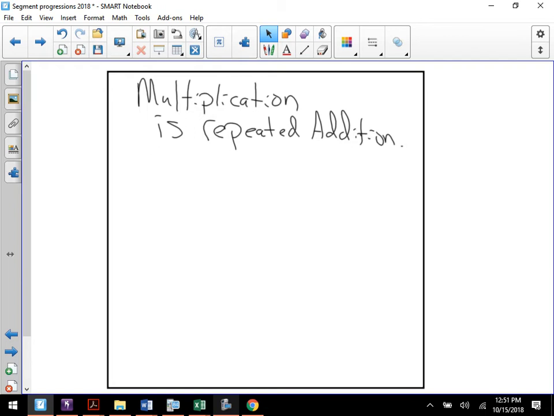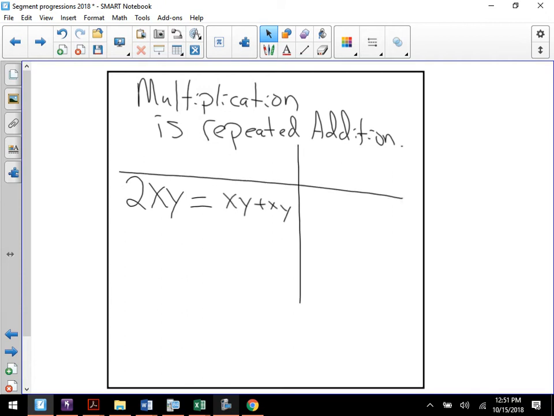For example, if I write 2xy, that's 2 times xy, right? If I wanted to write that in terms of addition, what would it look like? If I had to do this in a proof, I could state that 2 times xy is xy plus xy, because the reason is definition of multiplication.